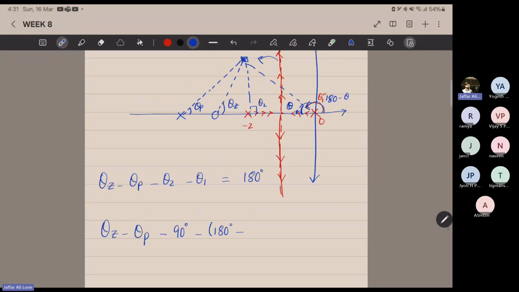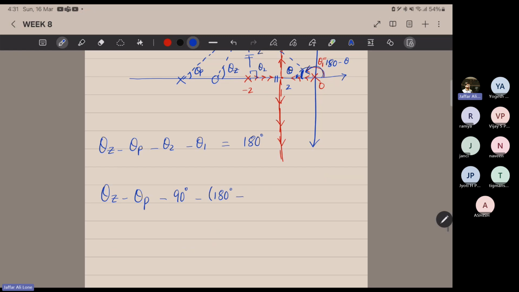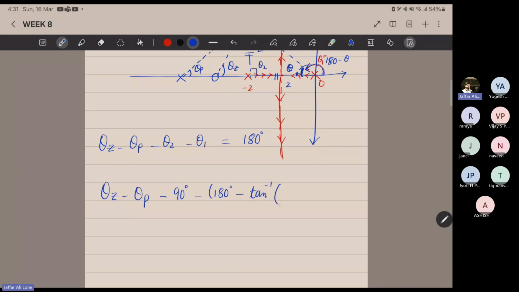And what is theta here? You can see this theta we can write as tan inverse of this over this. We know the value of this is 2, and this is 2 root 3. Using basic trigonometry, it's tan inverse of 2 root 3 by 2.